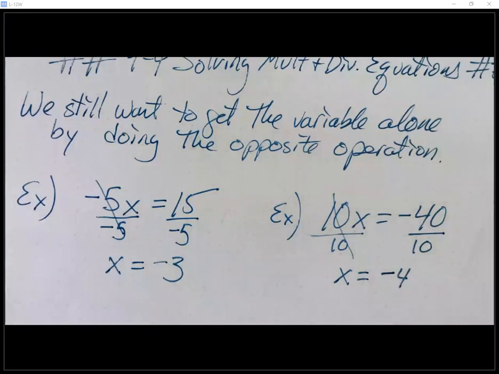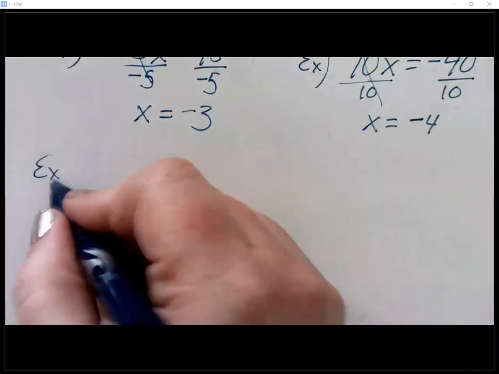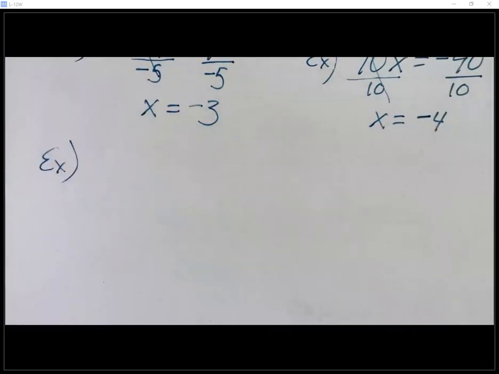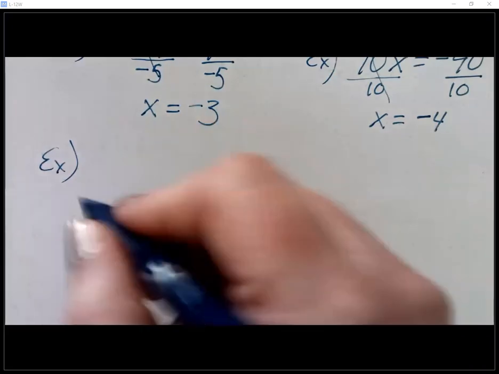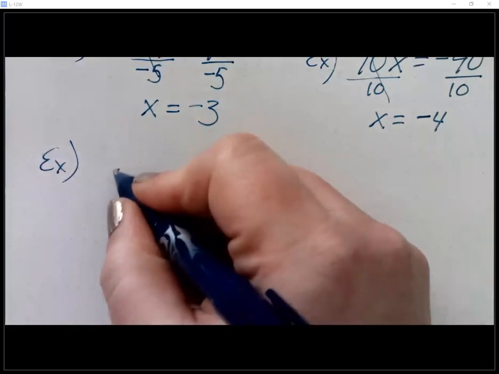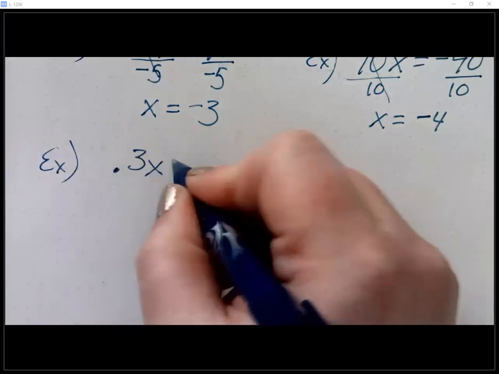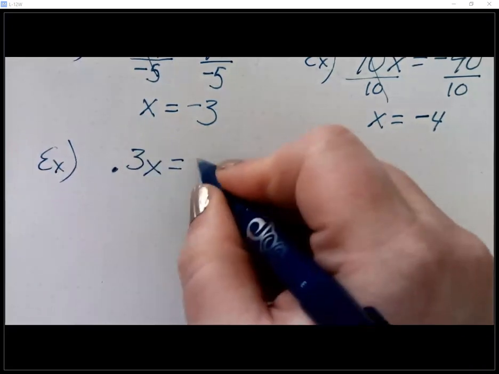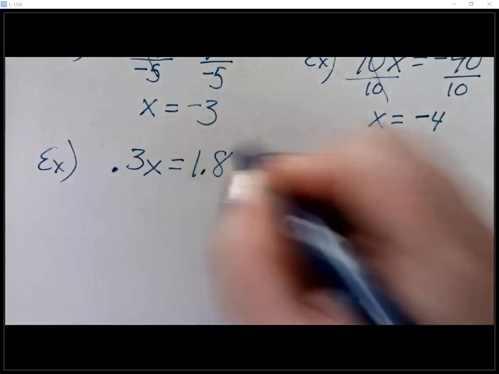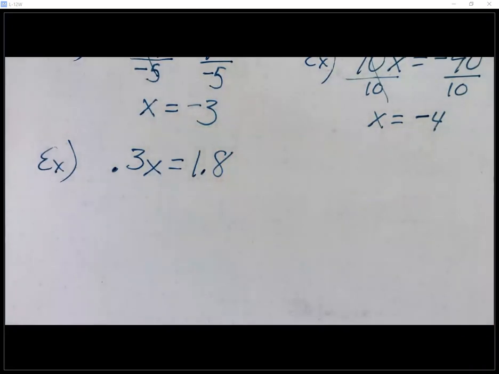Let's do one with a decimal just before I forget. Say I wanted to do something like 0.3x equals 1.8. How am I going to start?